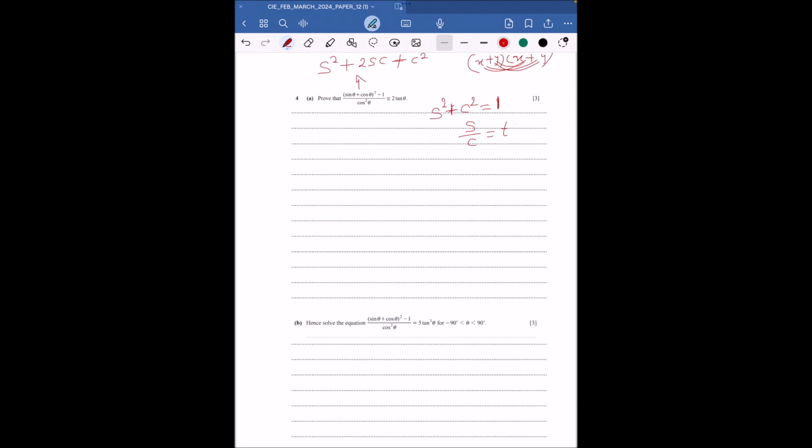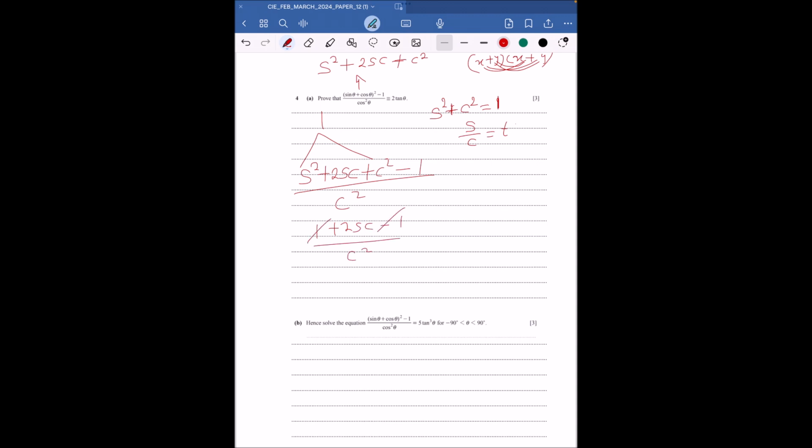So if I expand that, I have sine squared plus 2 sine cos plus cos squared, minus 1 over cos squared. So I'm using the left hand side to show the right hand side. This and this will give me 1. So 1 plus 2sc minus 1 over cos squared.